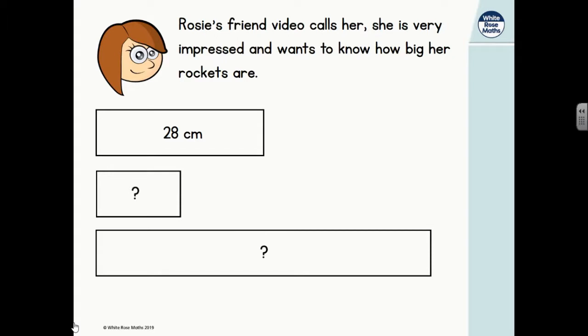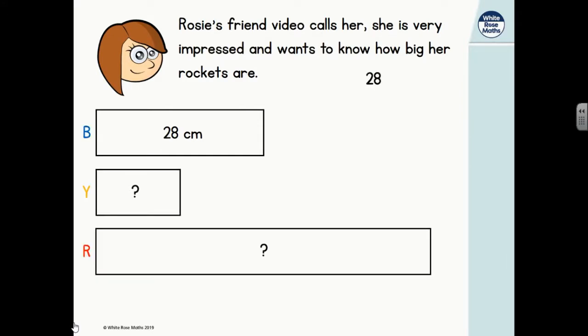And now I can begin to work out how long the two rockets are. I'm going to label my bars. So I've got B for the blue rocket, and that's 28 centimetres. Got Y for the yellow rocket, and I know that's half the length of the blue rocket. Then I've got R for the red rocket, which is double the length of the blue rocket.